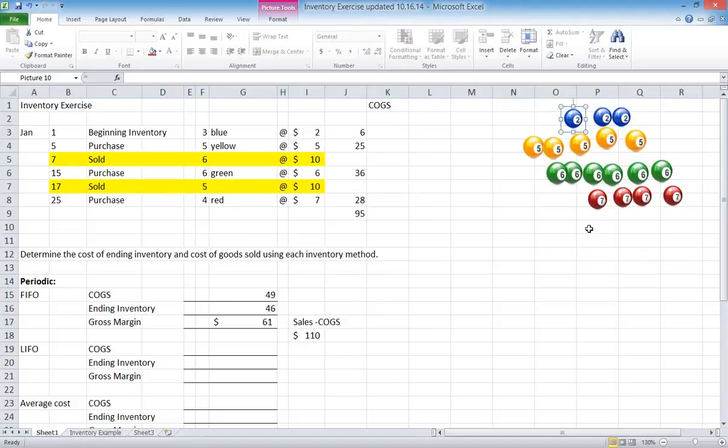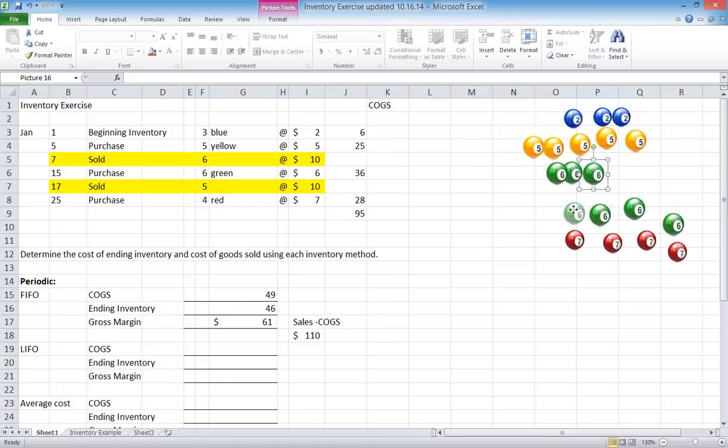I still sold 11, right? 6 and 5. So these 4 are sold. 5, 6, 7, 8, 9, 10, 11. So these are my cost of goods sold, and this is my ending inventory. So can you give me those numbers?